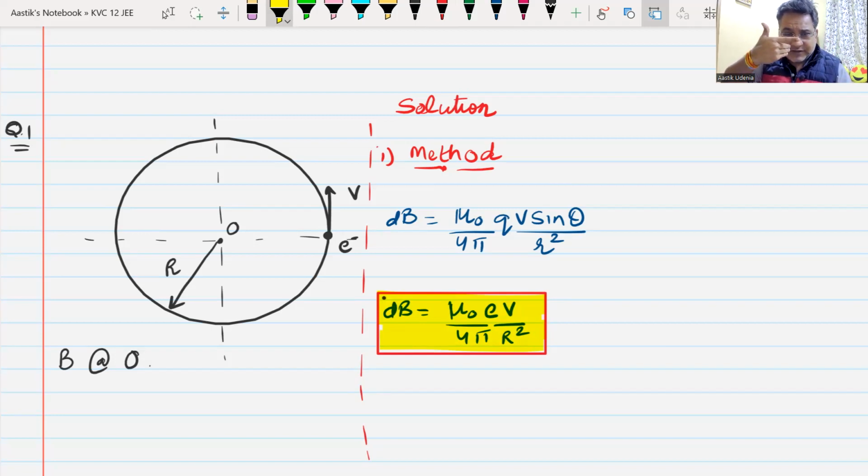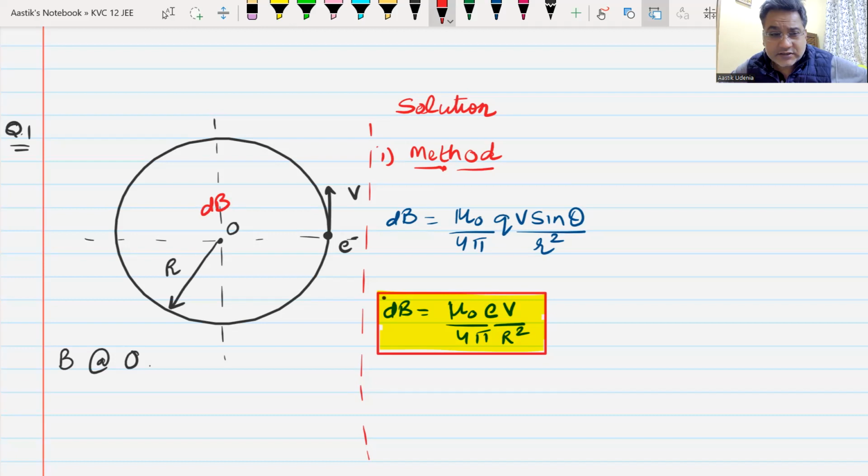What is the direction of the magnetic field? V cross r gives plus k, which is the direction of the magnetic field produced by a positive charge.